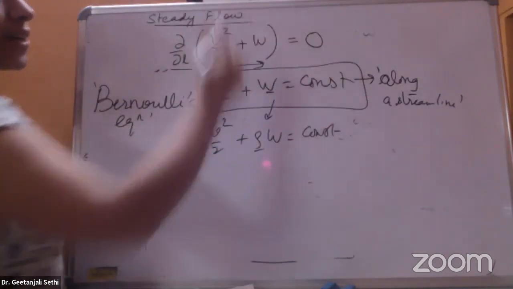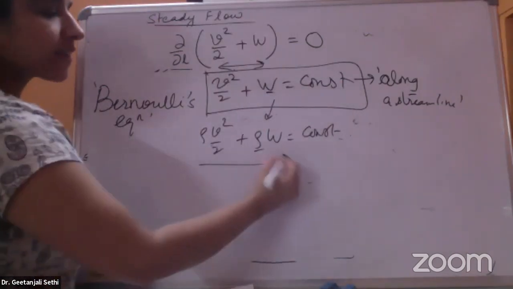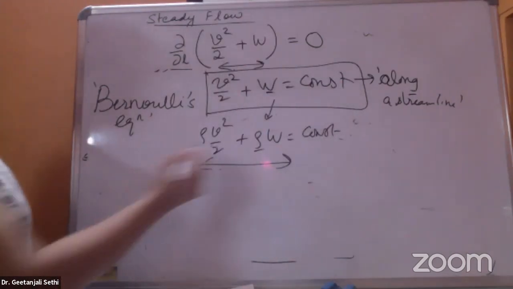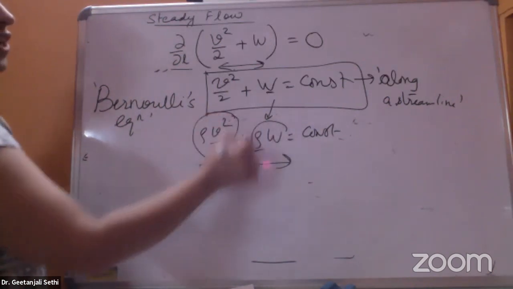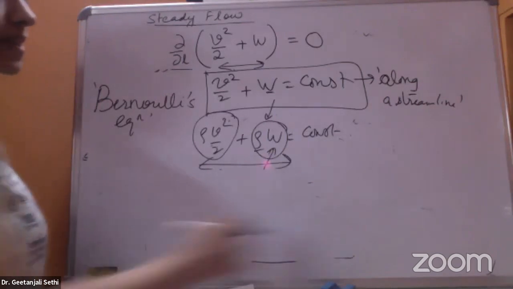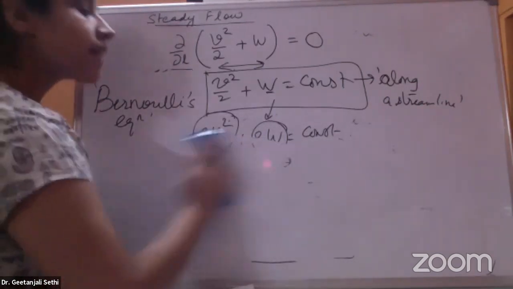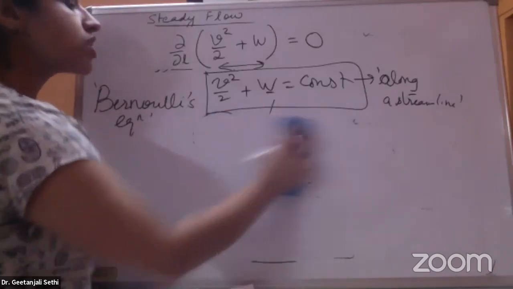On the right hand side, I'll get rho multiplied by a constant, which is a constant. You see, this is nothing but conservation of energy. You have something like kinetic energy, and you have a term like work done against the pressure forces. Bernoulli's equation is nothing but a measure of conservation.